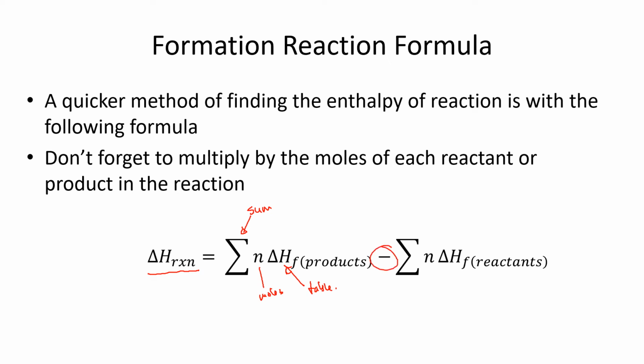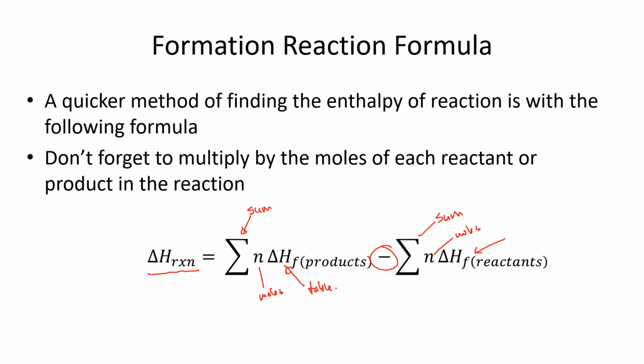And then you're going to subtract, again, the sum, the number of moles times the enthalpy of formation of the reactants off the table. So you see you're subtracting the reactants.